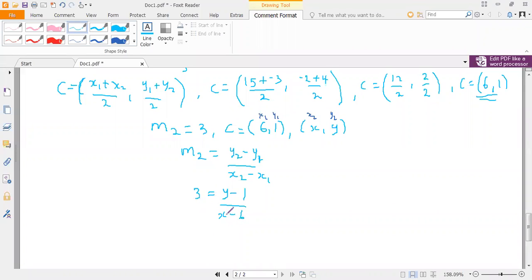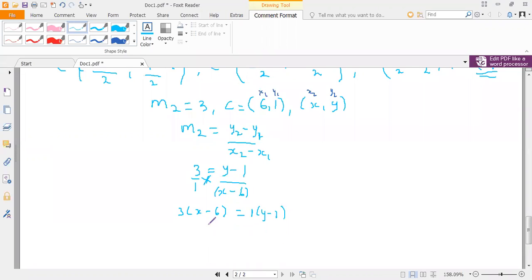So we do the cross multiplication. 3 is the same as 3 divided by 1. So if we do cross multiplication here, we have 3 into x minus 6 being equivalent to 1 into y minus 1.